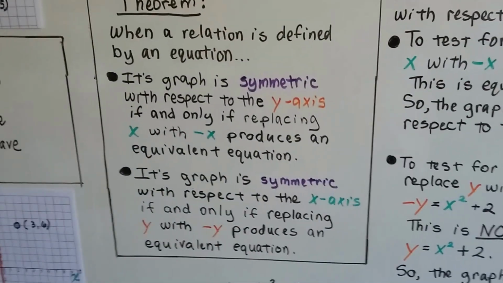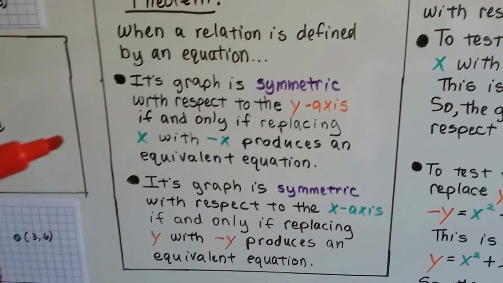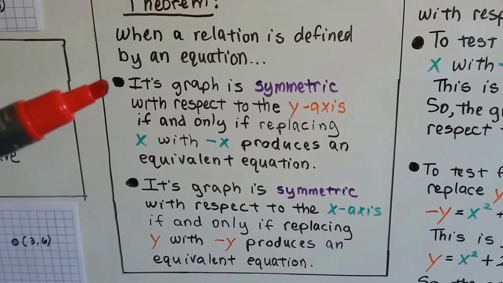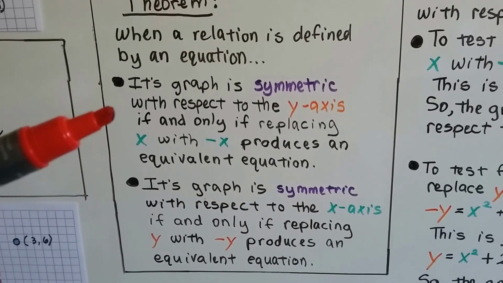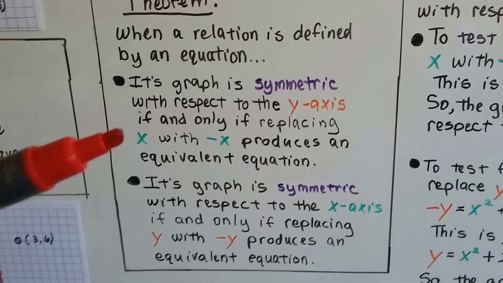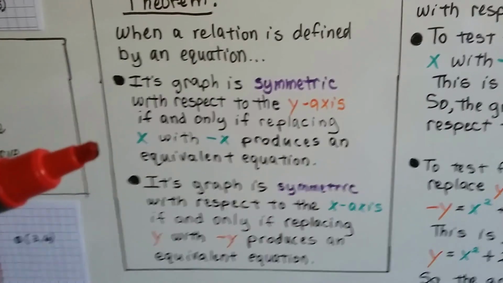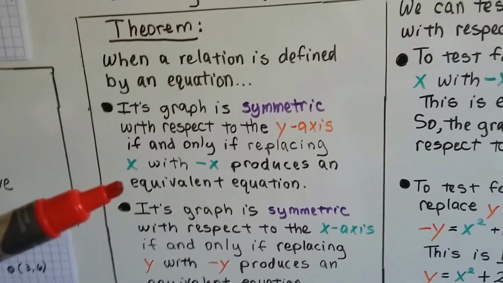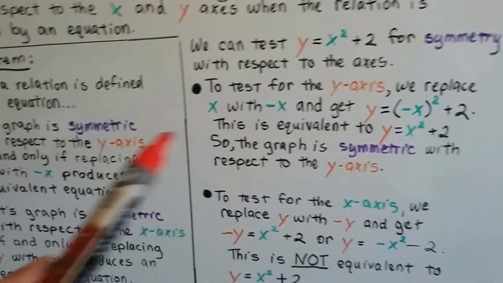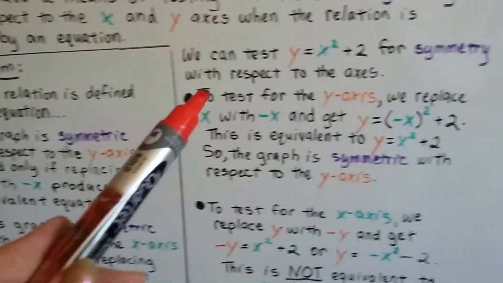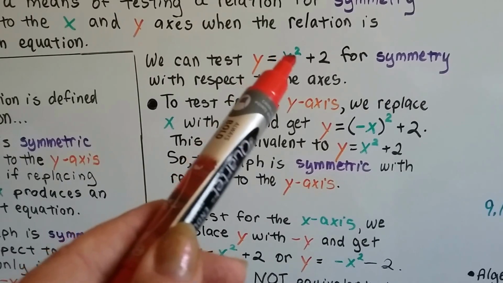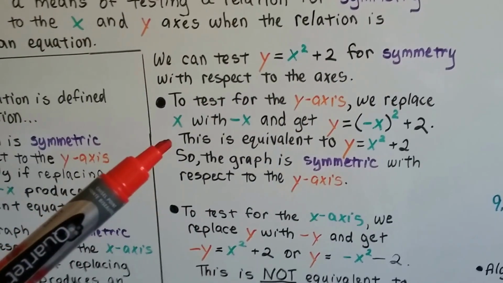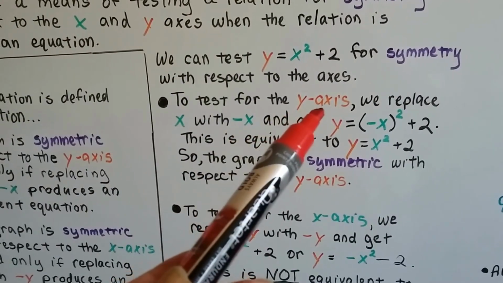So here's our other theorem. When a relation is defined by an equation, the first point is its graph is symmetric with respect to the y-axis if and only if replacing x with negative x produces an equivalent equation. All right? So take a look at this. If we replace x with negative x, so we've got y equals x squared plus 2, we're going to test for the y-axis.